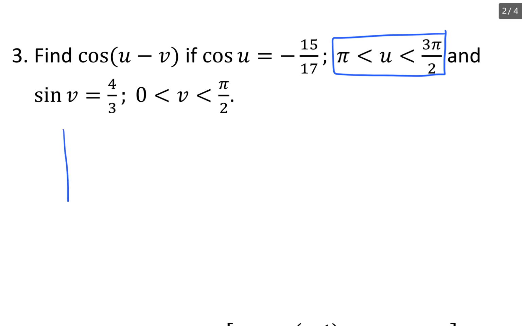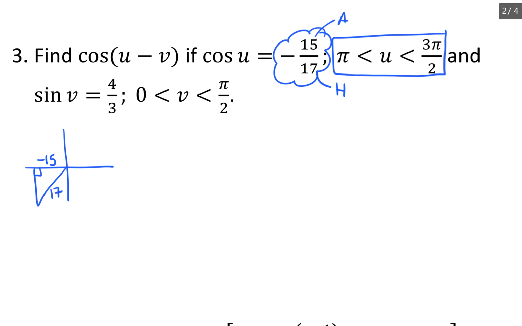So if I make a little sketch of that, that's going to mean that my angle is going to be in quadrant 3. So I'm going to make my angle in quadrant 3, draw a triangle there. And then it tells me that my cosine is negative 15 over 17. So we know that cosine is adjacent over hypotenuse. So my adjacent side is going to be the negative 15.